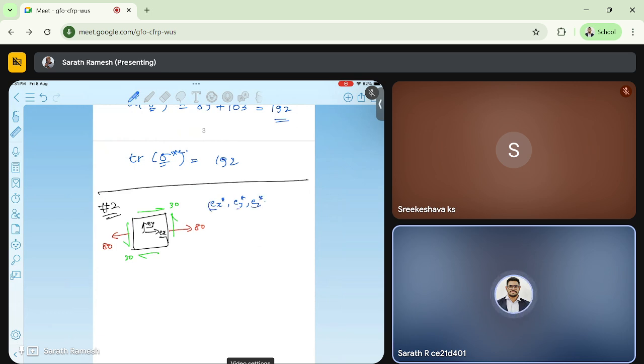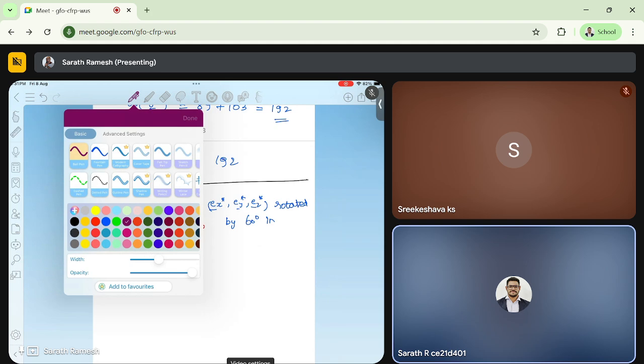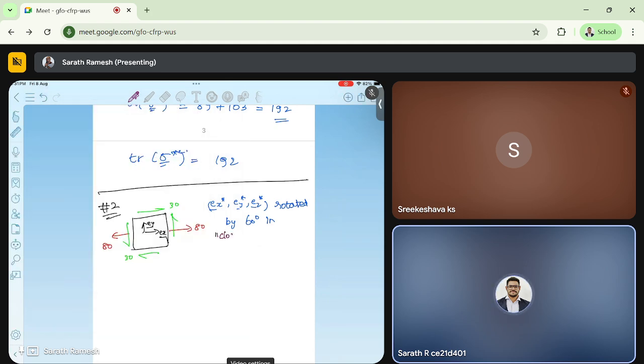All they have rotated by 60 degrees in clockwise rotation, about the z axis. So we have to make a note. Okay, so this is the question.